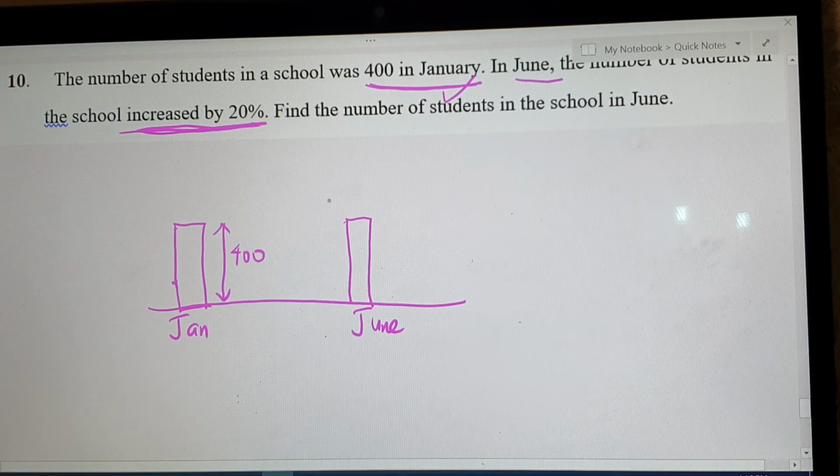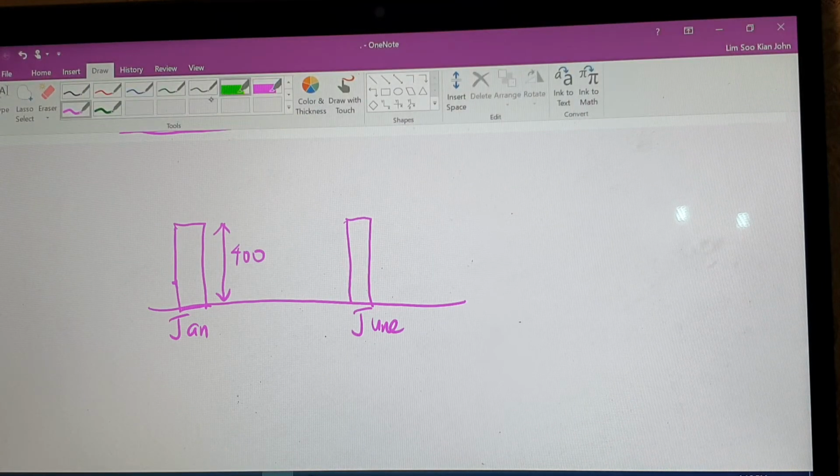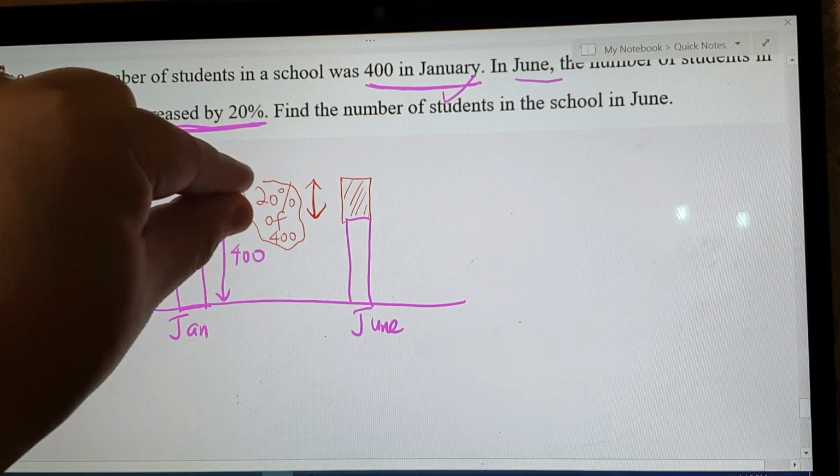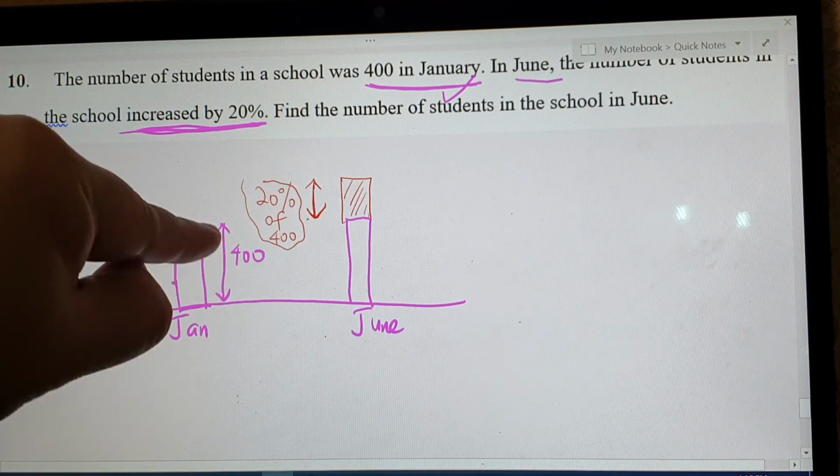It increased by 20%. So let me just draw 20% as an example here. 20% of what? 20% of this 400, the original. So this red part here, which I shade, is 20% of this original.